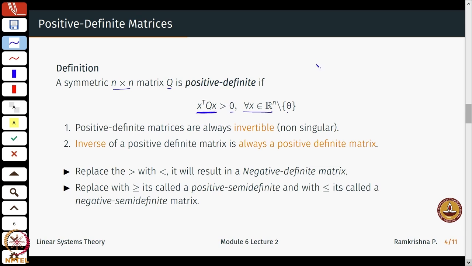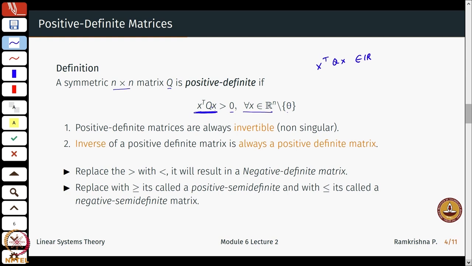So, this x transpose Q x will be in R, which can be observed quite easily. But I would not want to do this for all x and take forever to check whether even a 2 cross 2 matrix is positive definite or not.